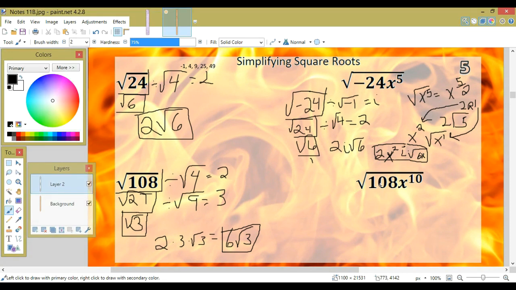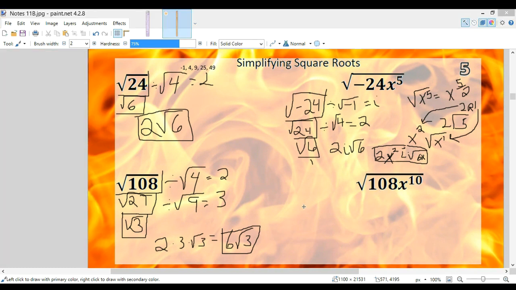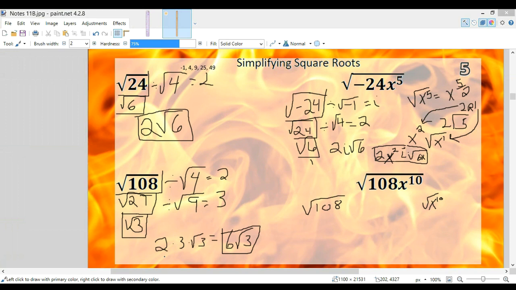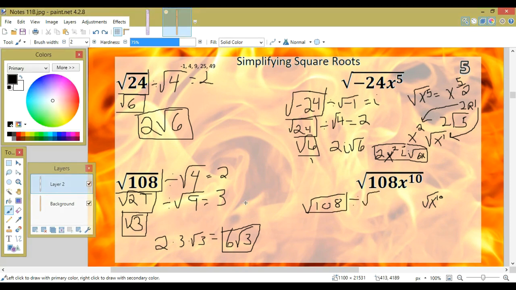So for the last one on this page, we have the square root of 108x to the 10th power. We'll separate the number and the variable. We have 108, and then we'll have square root of x to the 10th power. So we already did the square root of 108 over here, so we just write that again. We could also pull out the square root of 9 first, and then the square root of 4, and you'll get the same answer.